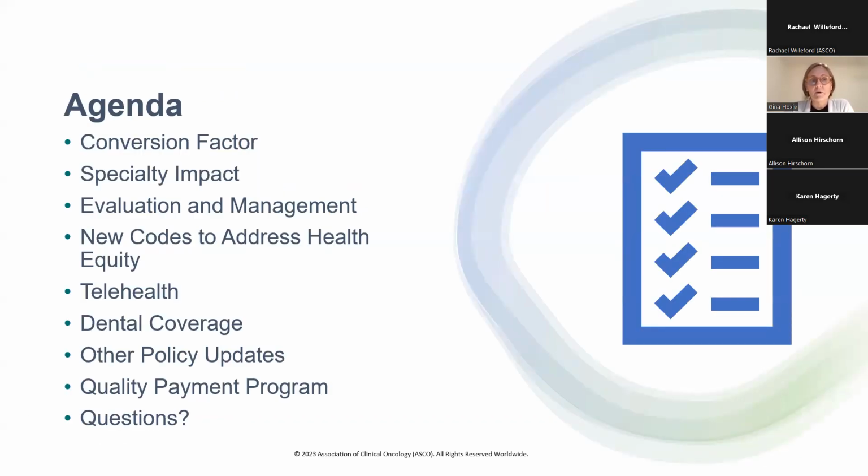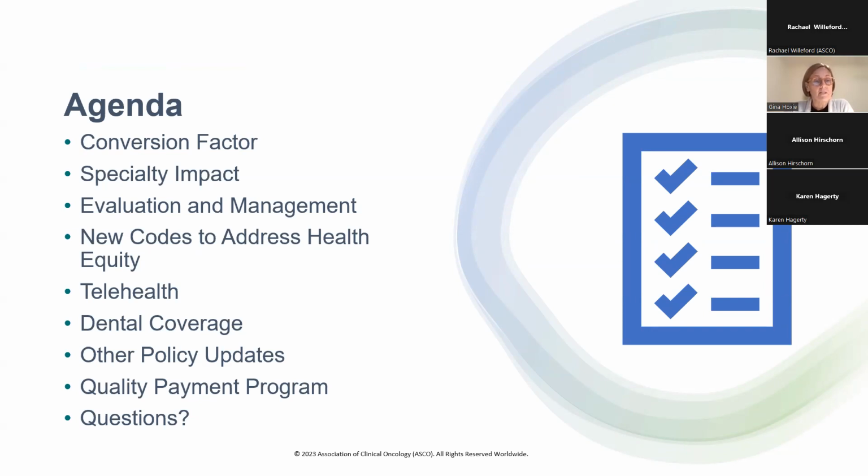So the things that we're going to go over today are the conversion factor, which of course affects payment in 2024, and then what that looks like for the hematology oncology specialty as well as radiation oncology. Some changes that CMS has made to coding for evaluation and management services.